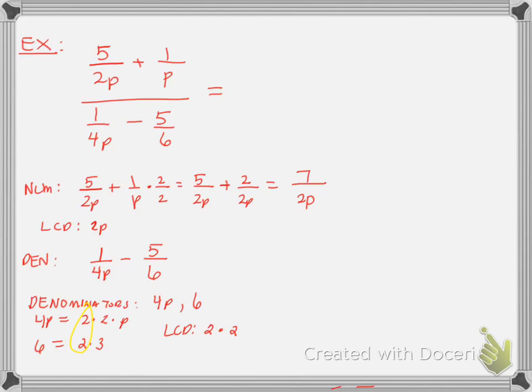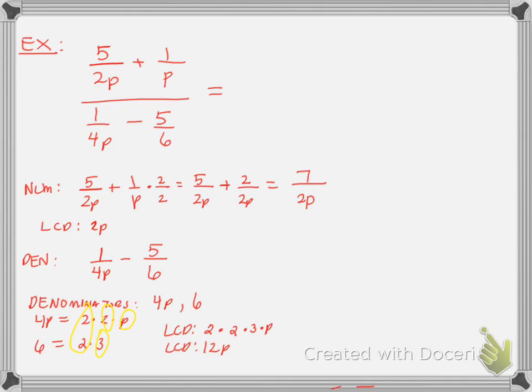And then there's a 3 and there's a p. So if we multiply that together, the LCD is, what's that? 12p.